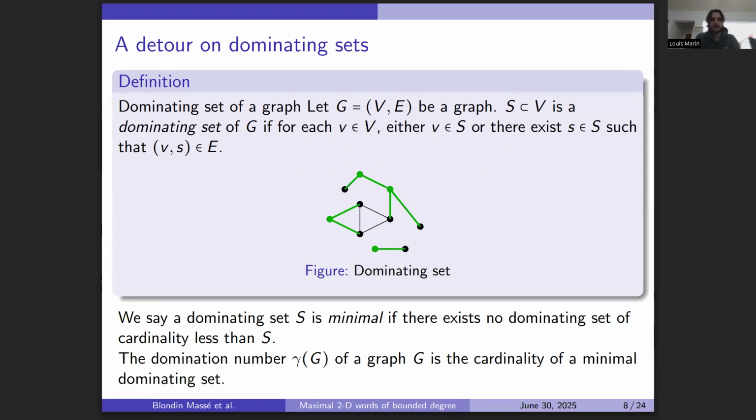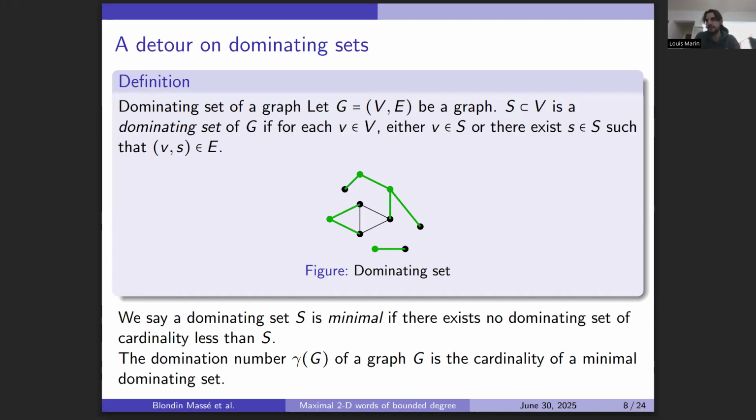We say that the dominating set is minimal if there is no dominating set with fewer vertices. So basically we want to find the dominating set with the least number of vertices in it. Finding a dominating set is very easy.